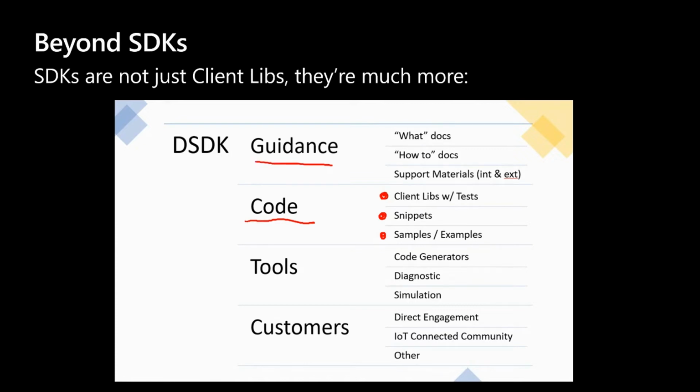There's guidance in terms of documents showing what to do and how to do things, how to do porting, or porting guidance and things like that. There's also supporting material that helps both with getting your device connected and all of the internals for that device, but also the external side on how to leverage all of the IoT services from Microsoft.